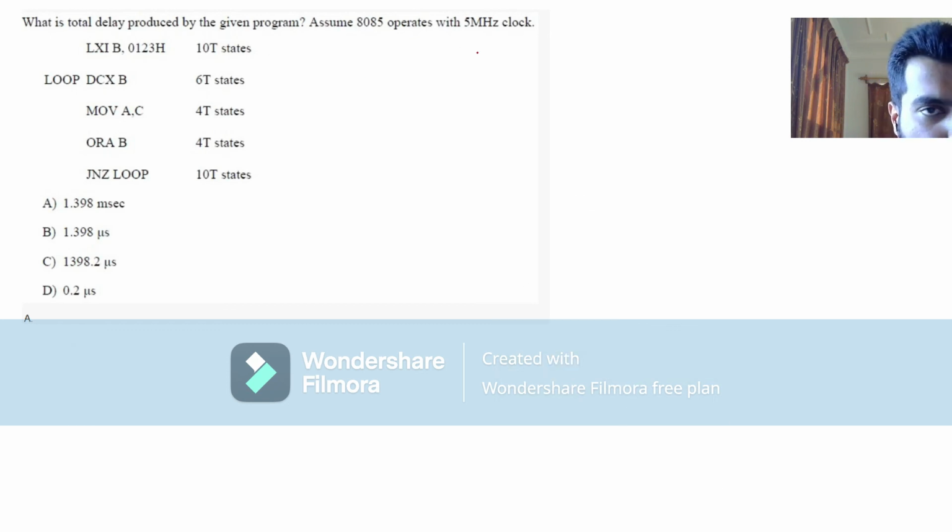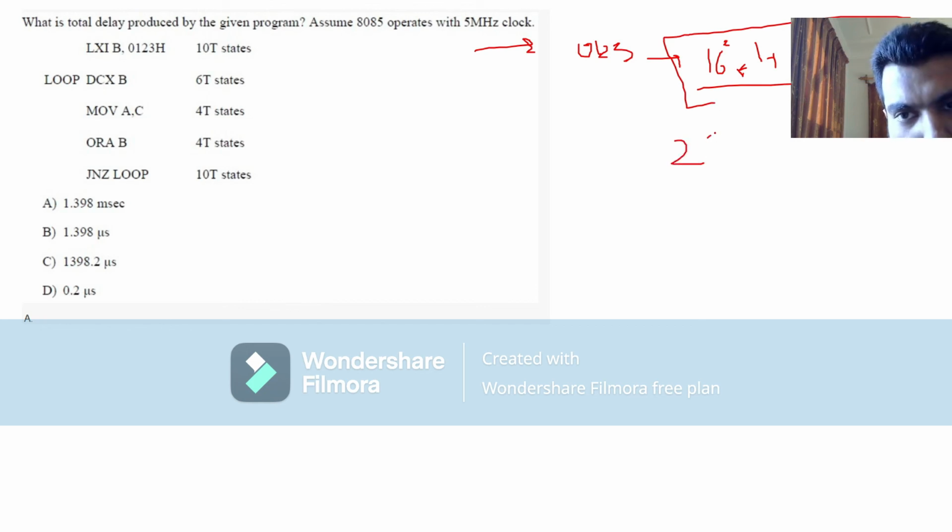So we have this LXI B, 0 1 2 3, the BC pair, right? So this thing in decimal will be 16 squared multiplied by 1 plus 16 multiplied by 2 plus 3, correct? No, I'm not calculating for T states, I'm just converting to a decimal number.